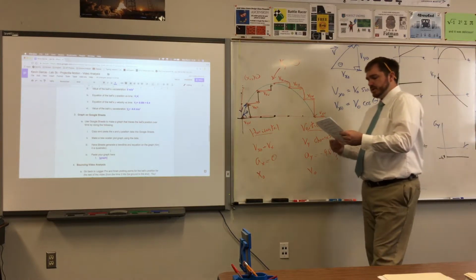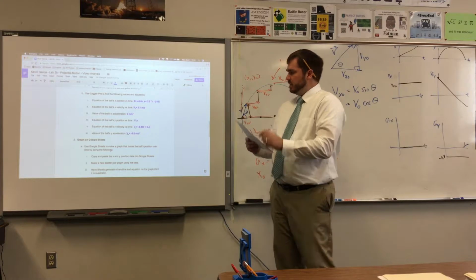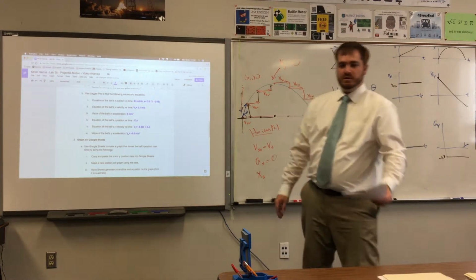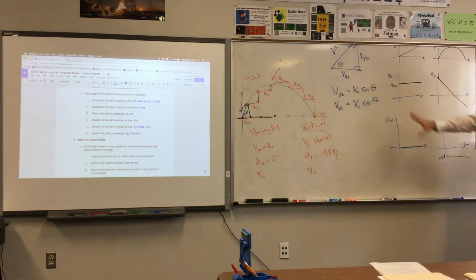Use Google Sheets to make a graph that traces the ball's position over time. So, I think I know what we're going to do. We're going to make a graph that is none of those graphs. Another graph. The most interesting graph. Okay?